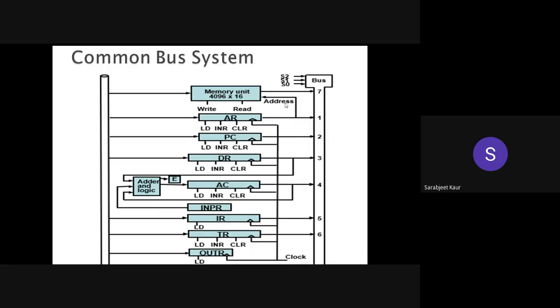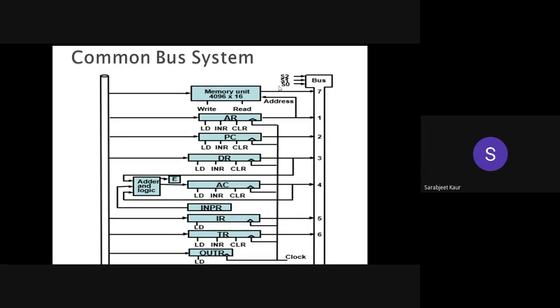Now, whenever I want to select AR, what I do is put the equivalent binary digits of this one, which happen to be 001, on these 3 selection lines.